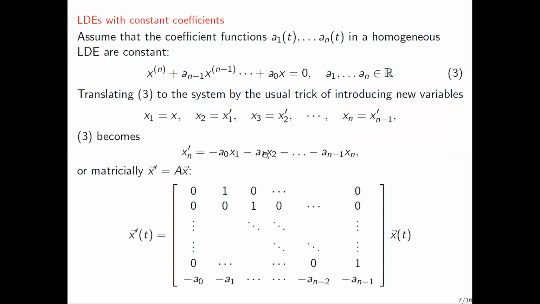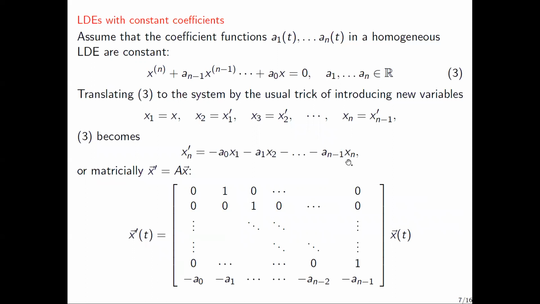And then we focused on the case where we have constant coefficients in our differential equations. So those a_i's are not functions of t, but are just real numbers. In this case, when we transform our differential equation into the system, the matrix of the system is the so-called companion matrix.